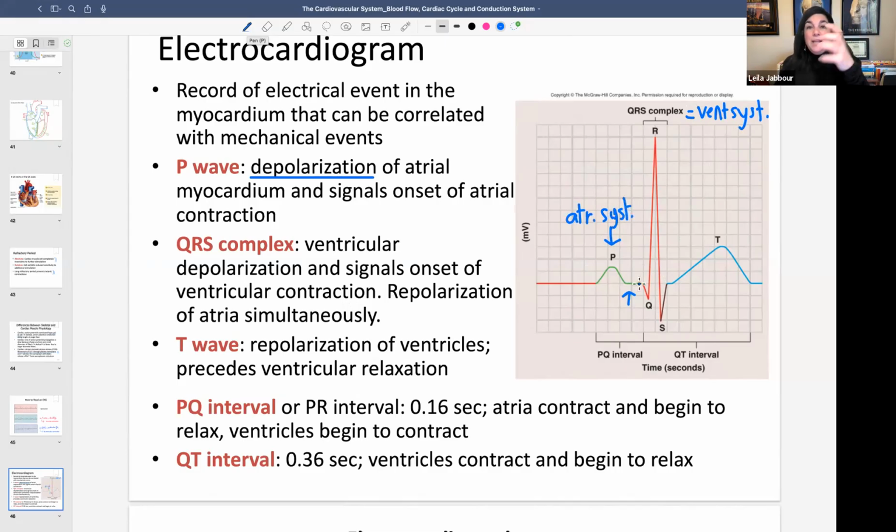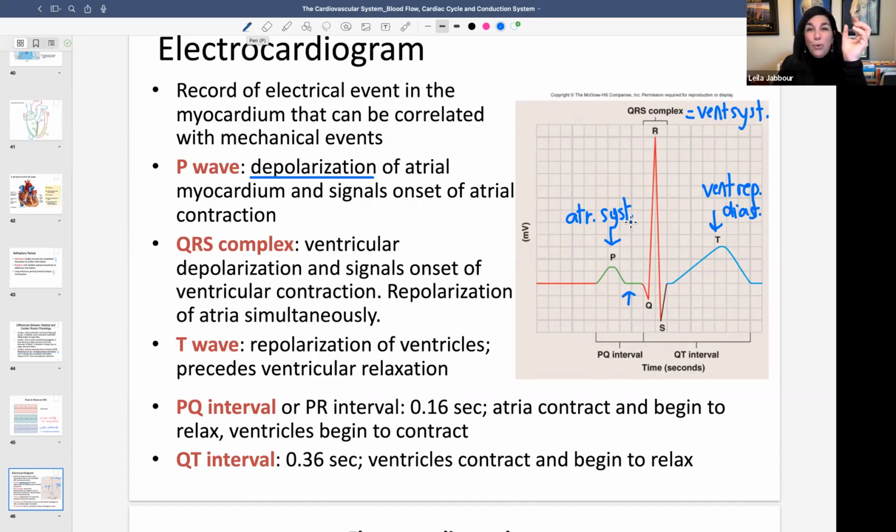So in the QRS complex, it's the ventricles that are squeezing, contracting, and going into systole. Then we have the T wave, and the T wave is ventricular repolarization. So they're relaxing, which means it's ventricular diastole. The T wave is also a bump, but it's diastole and it's not systole.